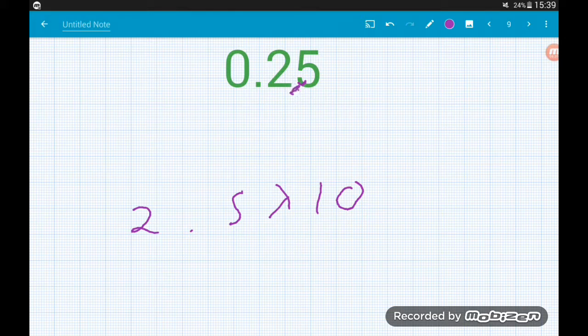So we're going from here between the 2 and the 5 back to this normal decimal between the 0 and the 2. So it's had to go back 1 place, so our power of 10 is -1, like that. So again, a negative power tells us how many times we want to divide our number by 10. So this is telling us 0.25 is 2.5 divided by 10 once, or multiplied by 10 to the power of -1. Cool.